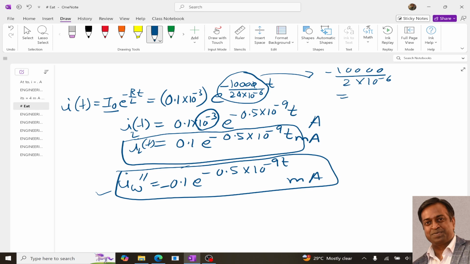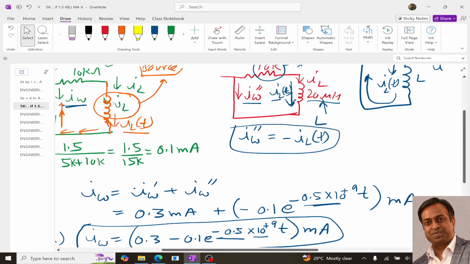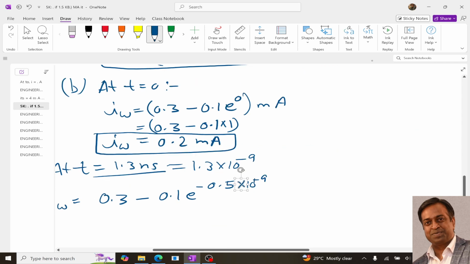In the numerator the zeros cancel, so we have 1000, so it is minus 10 power 3 upon 2, and if we take the 10 power minus 6 into the numerator, we get minus 0.5 into 10 power 6, so it is plus 9, and now into t.